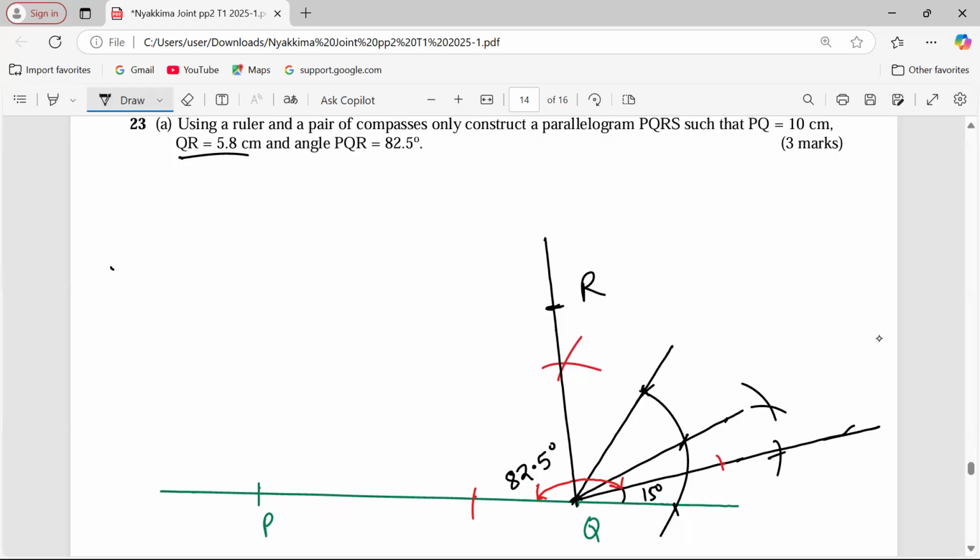So with 3 points already, it means we can use the radius of 5.8. We stand at P and we make an arc, that way.